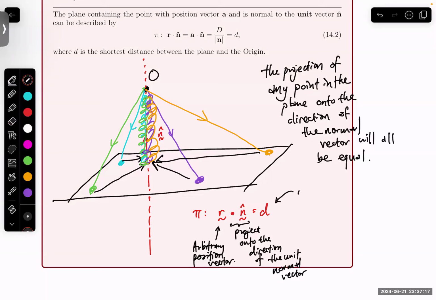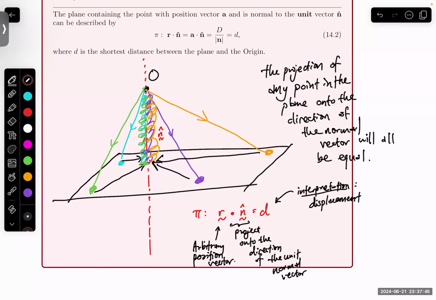The interpretation is, oh sorry, this is not the same distance. It's the same projection, and it just so happens that this is the displacement, not just distance.